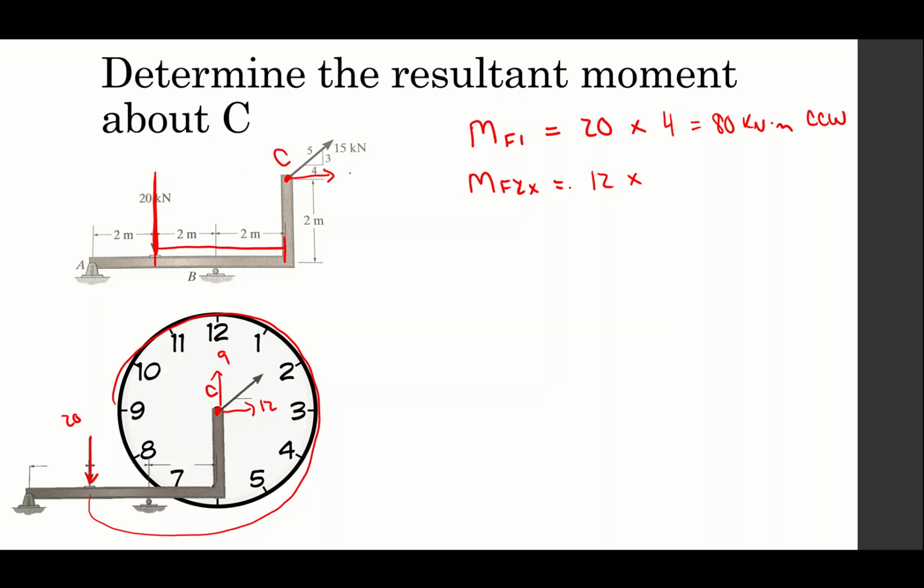From here to C? What would be that distance? 0. There is no distance, okay? If that line of action at any point can pass through whatever point we're analyzing about, there's no distance.